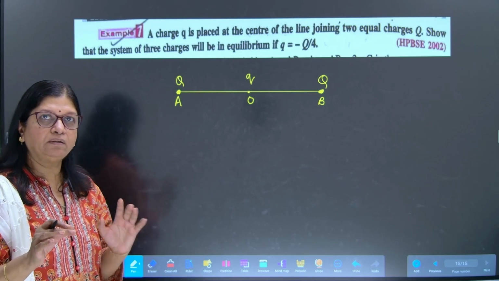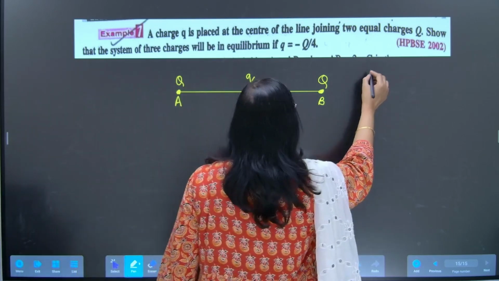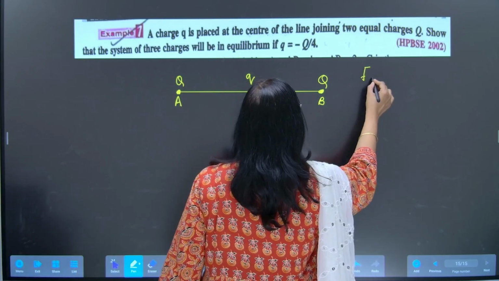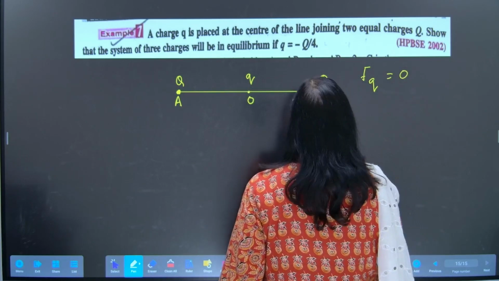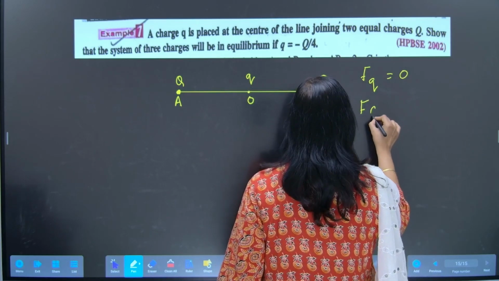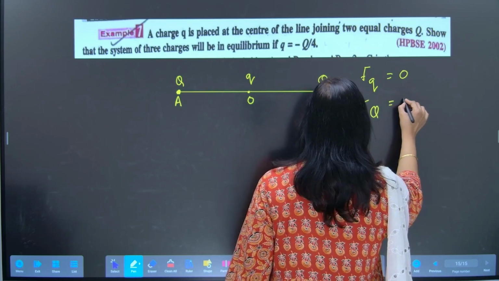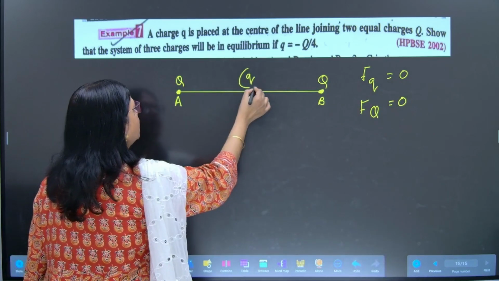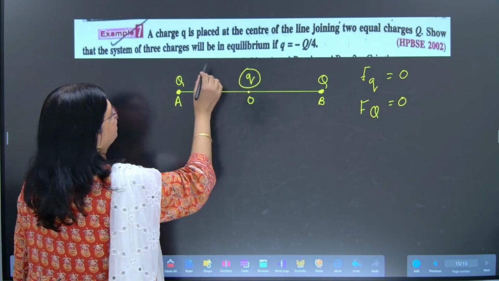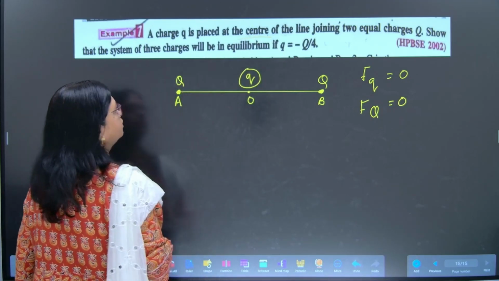So let us consider first of all that the system of charges is in equilibrium. What has to be done? We have to first show that the total force on small q is equal to 0, and the force on capital Q at A and B is also equal to 0 separately. Let us consider the force on the charge q at the center. They have already given us that it is placed at the center.